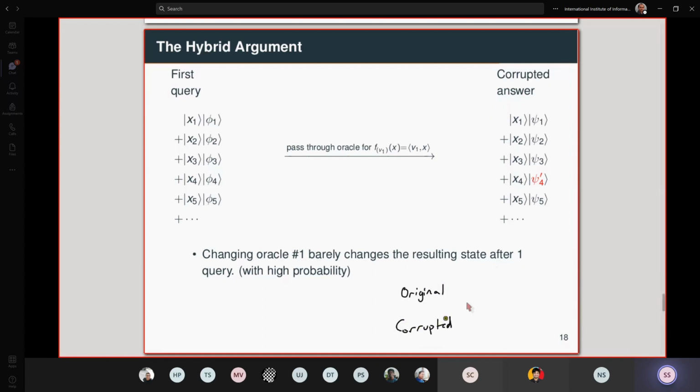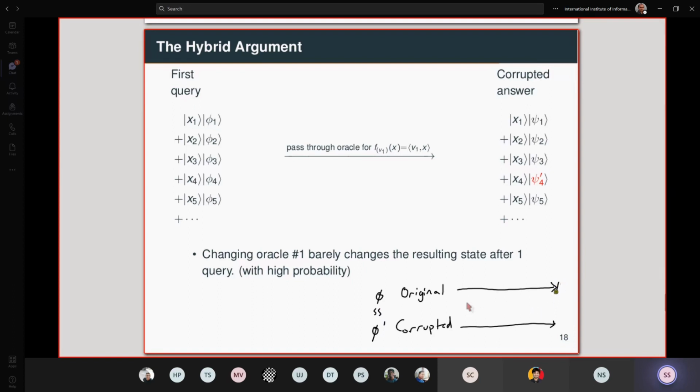Now all your operations after this are unitary operations, because that's all that quantum can do. And unitary operations always preserve the norm. So if you look at how this algorithm proceeds from the original state and from the corrupted state, say in the original the output was phi, and in the corrupted one the output was phi prime. We know that phi and phi prime are actually really close to each other.